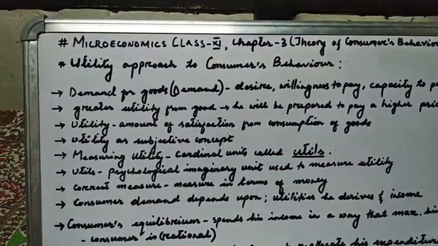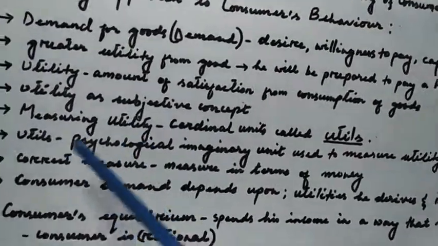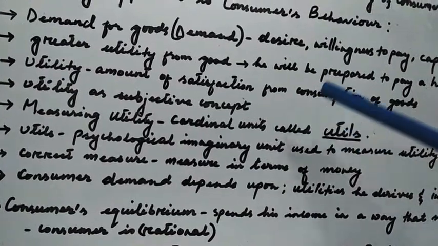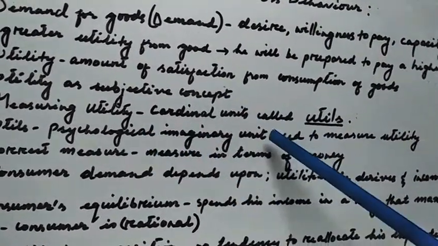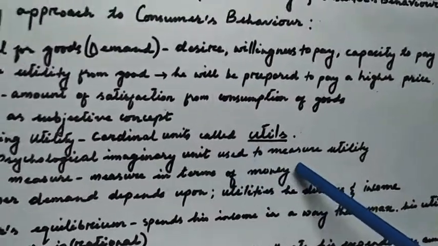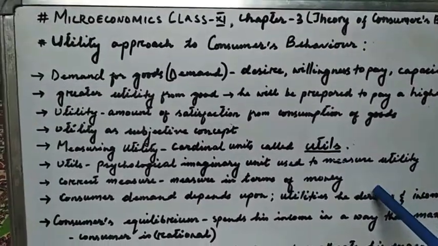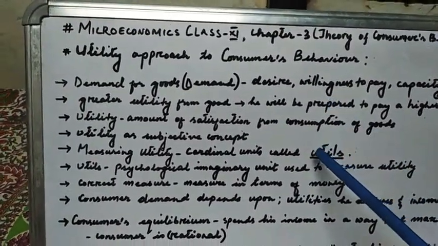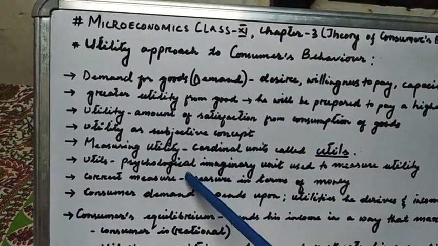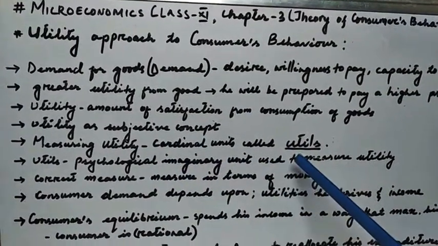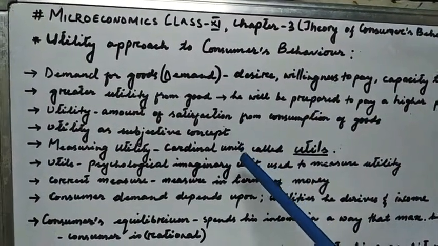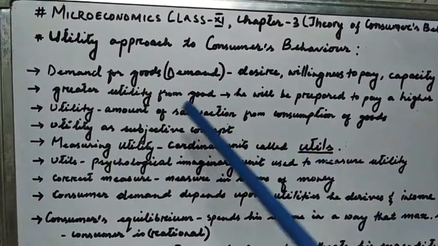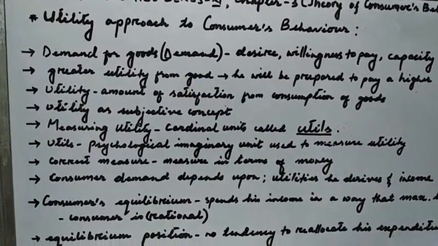When we talk about utils, it is an abstract thing. It is an imaginary psychological unit that we use for measuring utility. Once again, we use cardinal units, utils, to measure utility.